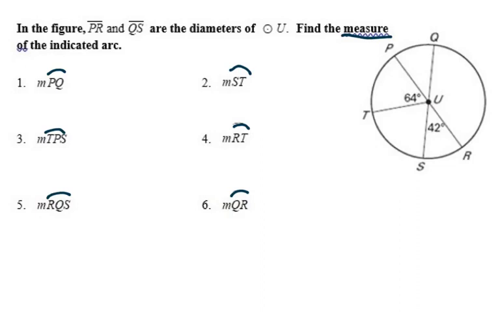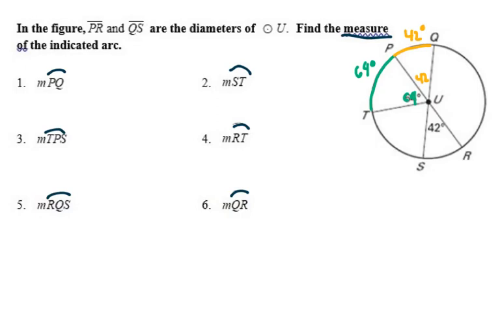So because I know this angle is 64 degrees, then I know my arc PT must be equal to 64 degrees. If I know that this angle, angle SUR, is 42 degrees, then because of vertical angles, angle PUQ must also be 42 degrees, and therefore arc PQ must be equal to 42 degrees.